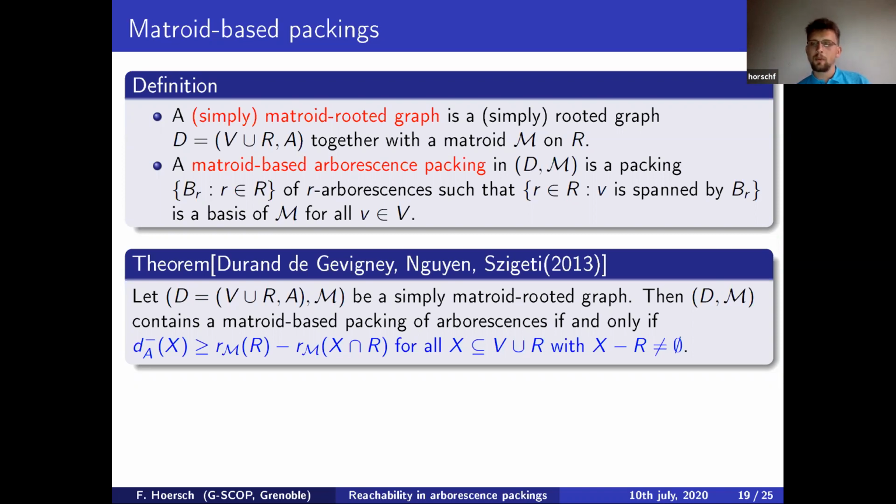Well, how many can come from inside the set? Well, a lot of arborescences can start inside the set, but on the other hand, the set getting to that vertex still has to be independent. So I can count on at most rank of X intersection R arborescences that come from the inside of the set.